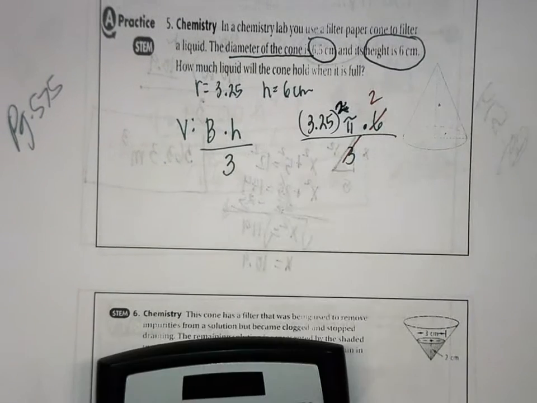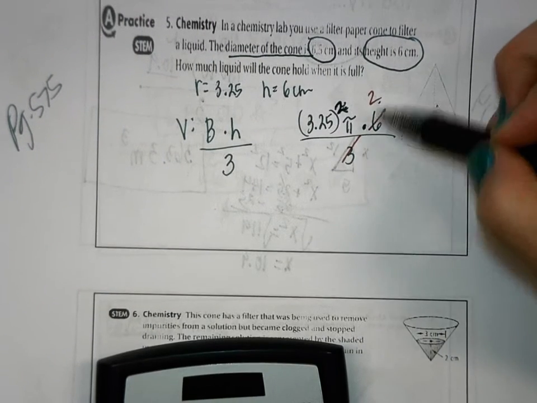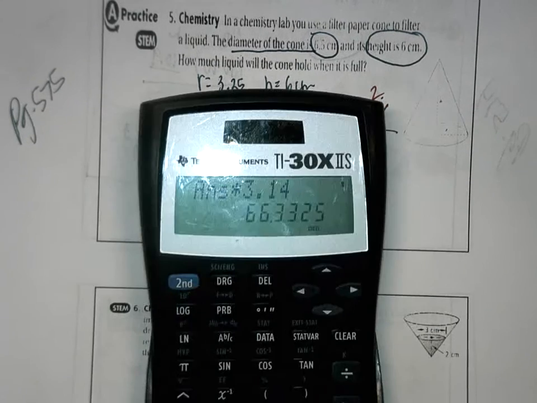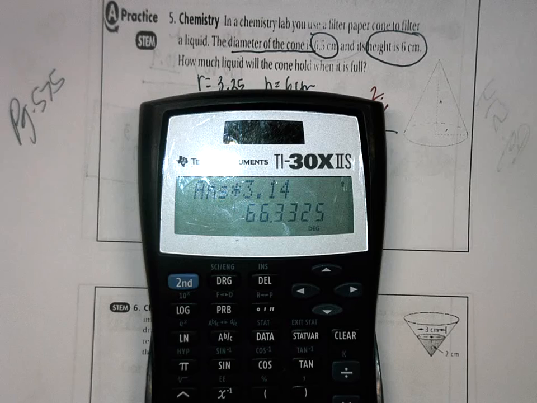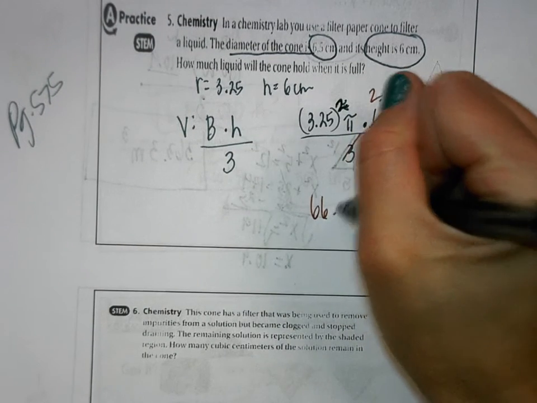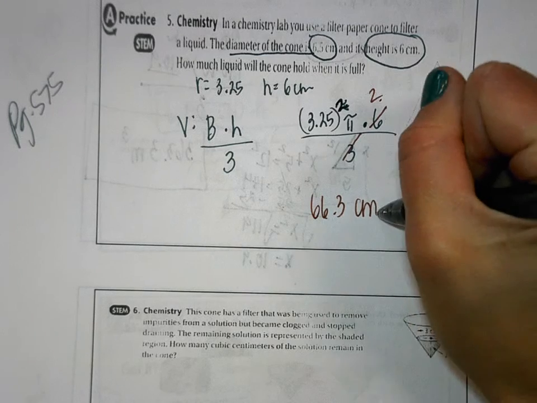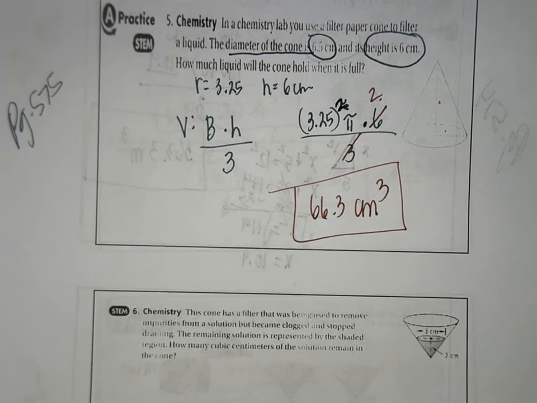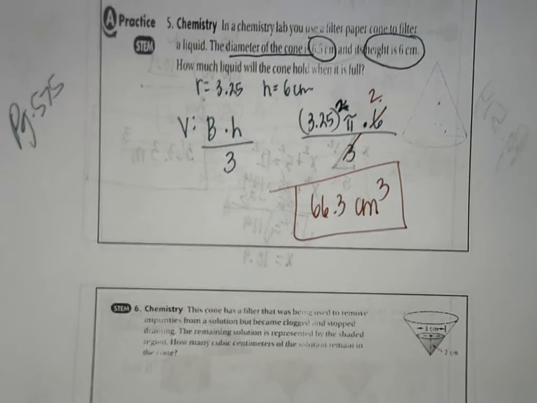I did 2 because I reduced the 3 and the 6. You could have gone times 6 and then divide by 3. And so I end up getting, to the nearest tenth, 66.3 what? Centimeters squared. No, cubed. Centimeters cubed. That's what I said. Okay, do we have questions?